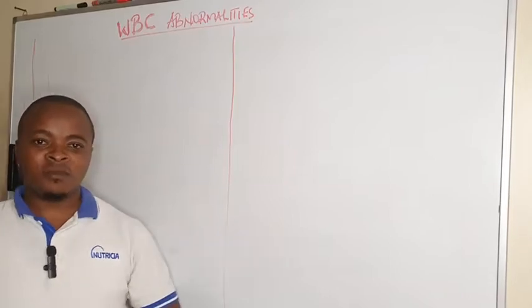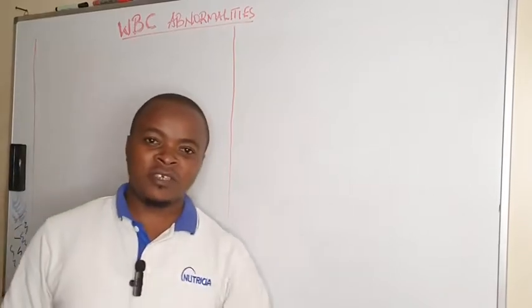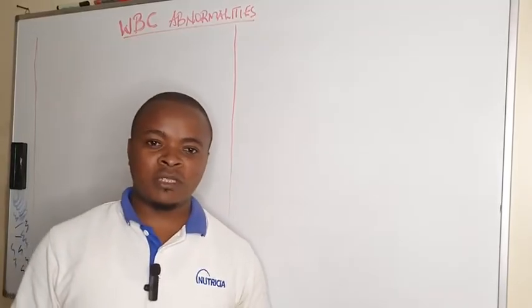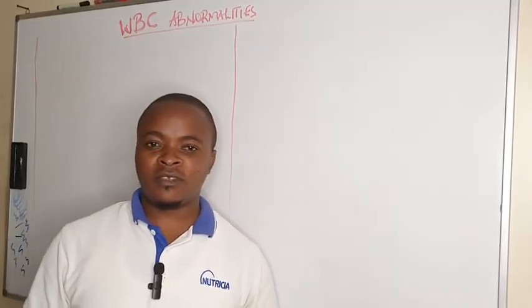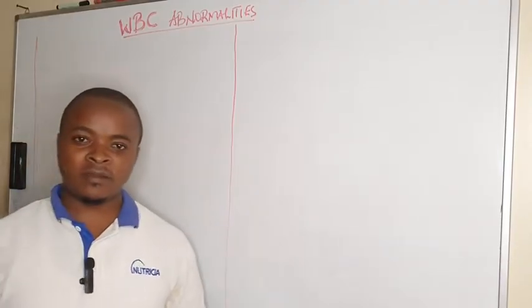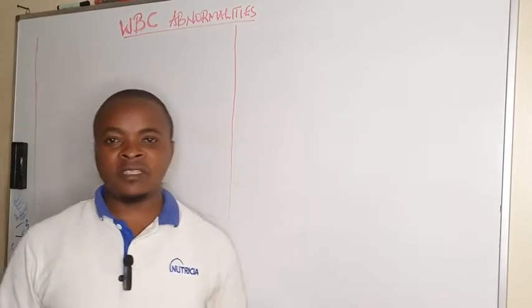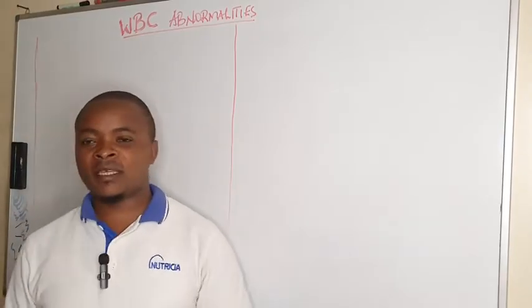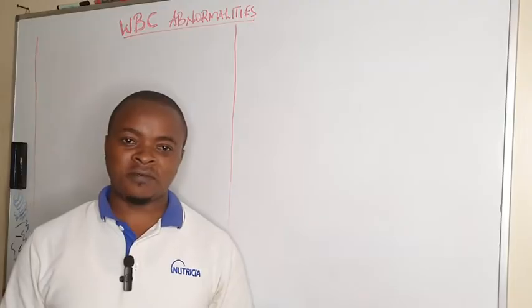In this session at Medical Sciences, today we are privileged to take you through what we call white blood cell abnormalities. You can call it leukocyte abnormalities. There are two different types of white blood cell abnormalities, that is qualitative and quantitative.